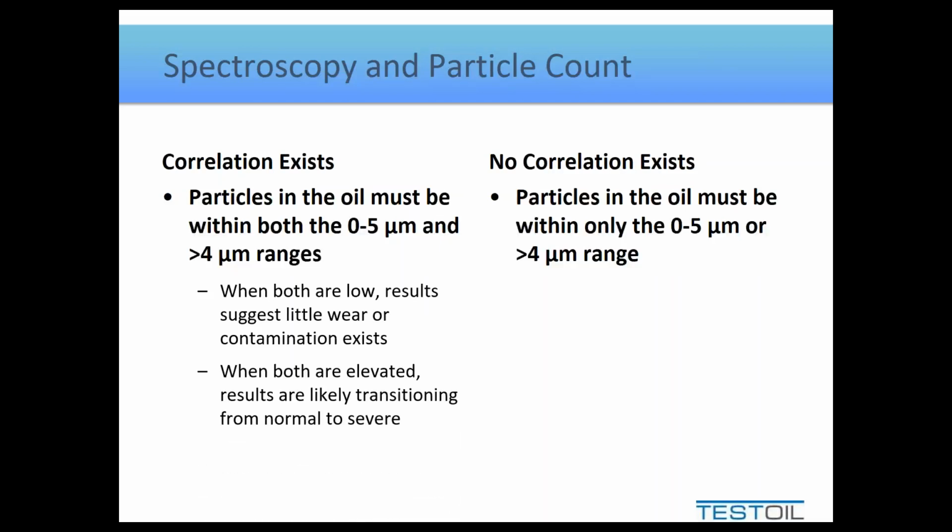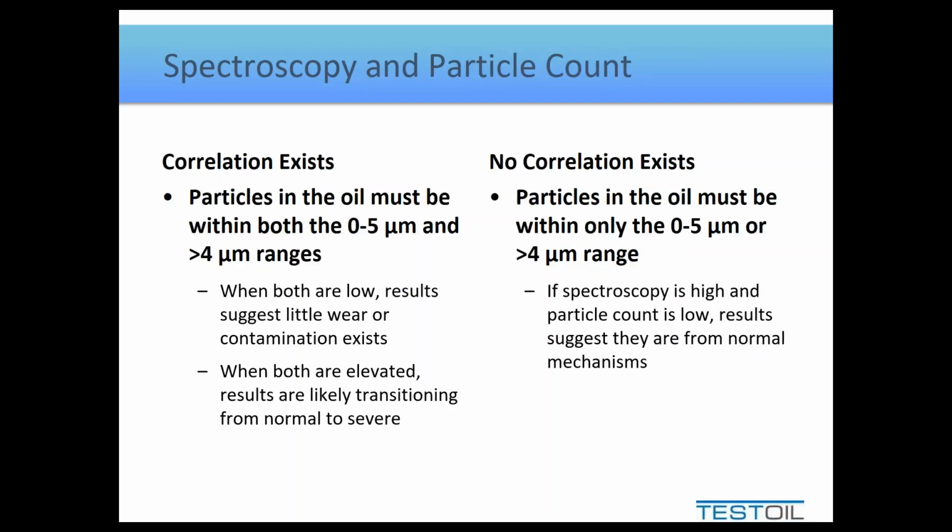If both are high, though, this suggests that we have small particles from normal wear modes and normal contamination, which is what spectroscopy is telling us. But we also have some large ones from perhaps abnormal wear modes or severe contamination. So it's suggesting we're probably transitioning from the more normal things to the more abnormal or severe.